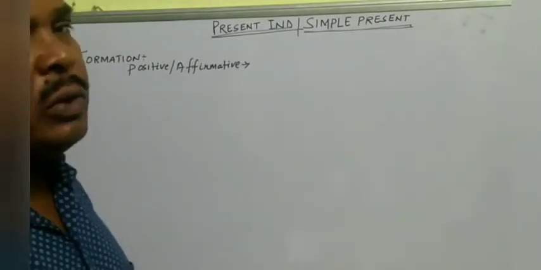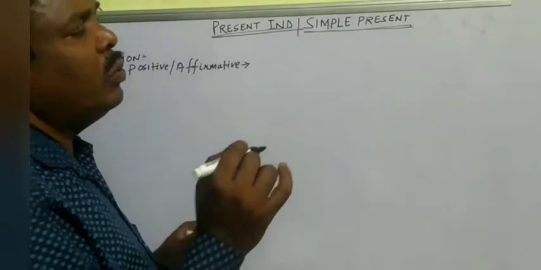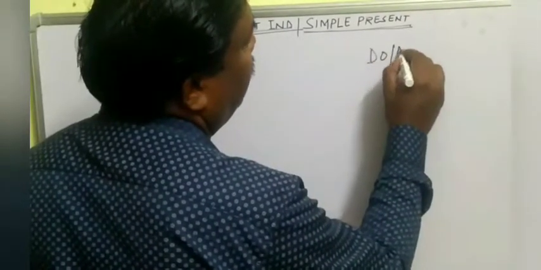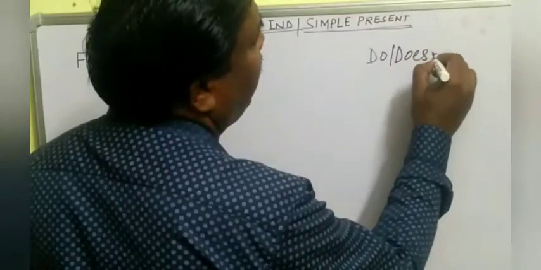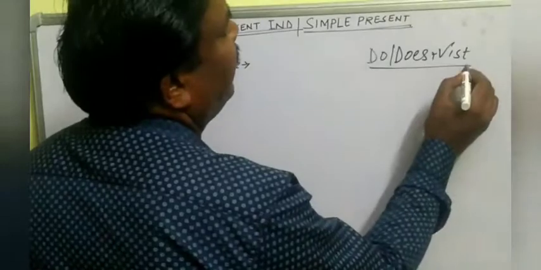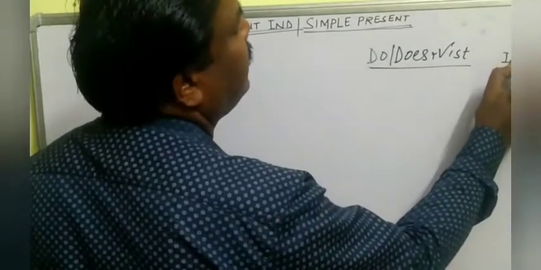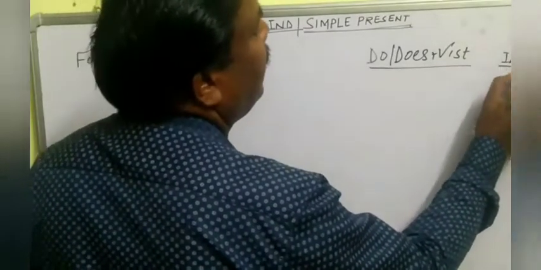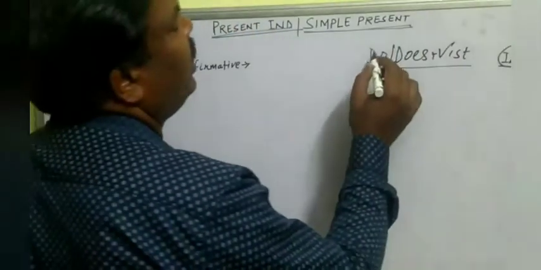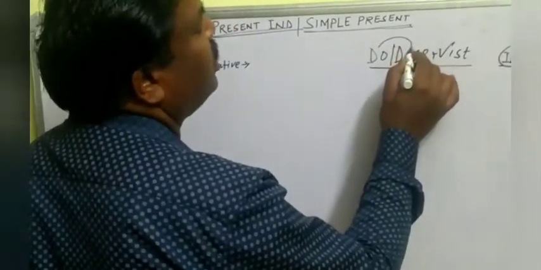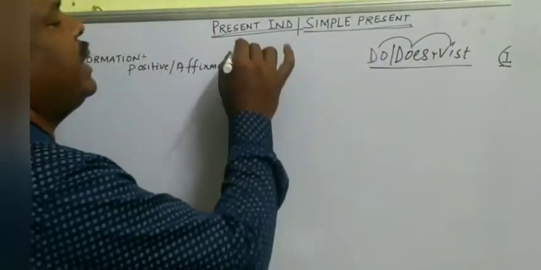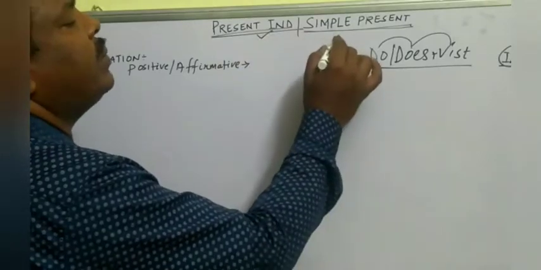Now I am going to tell you where we shall use do or does plus first form of verb. In interrogative sentences, we use do or does plus first form of verb in present indefinite or simple present.